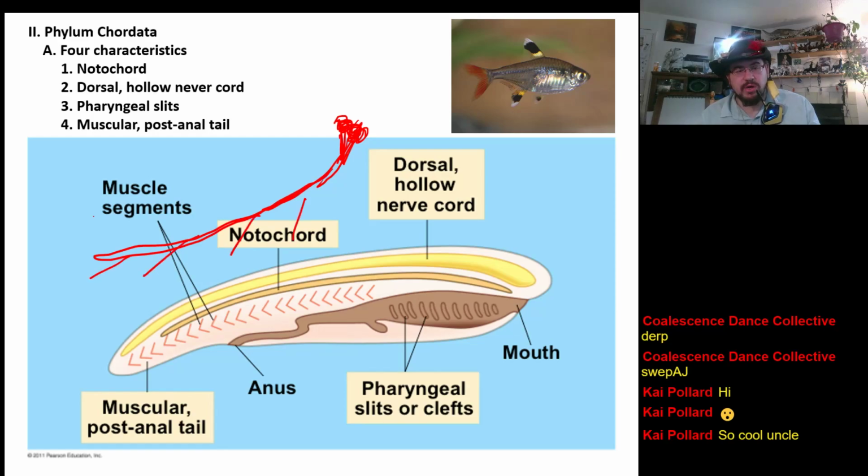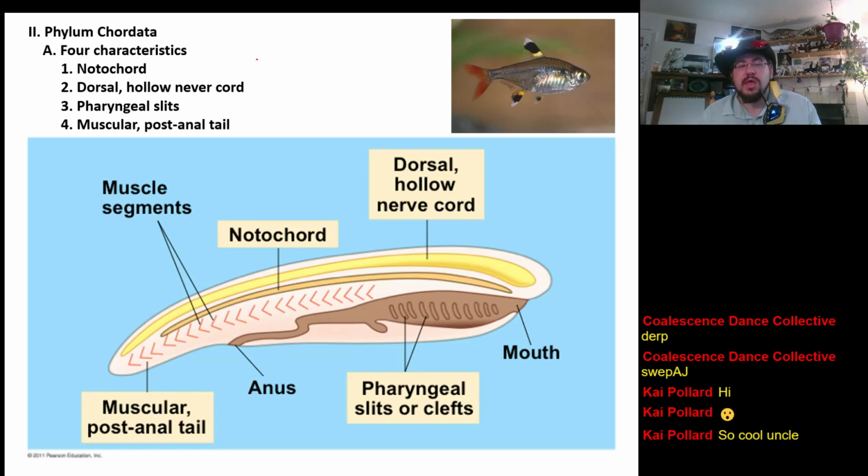Ventral nerve cords are how protostomes do. Whereas chordates have whatever nervous system they're going to have, and the nerve cord runs dorsal. So a dorsal hollow nerve cord.